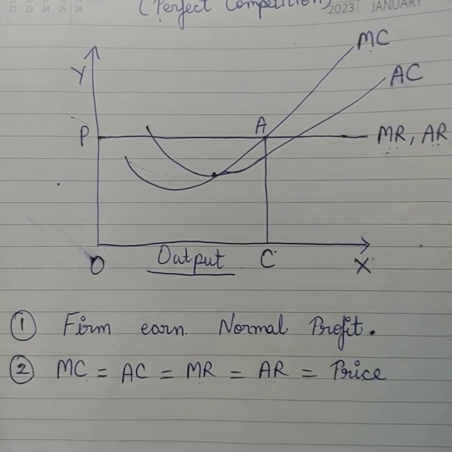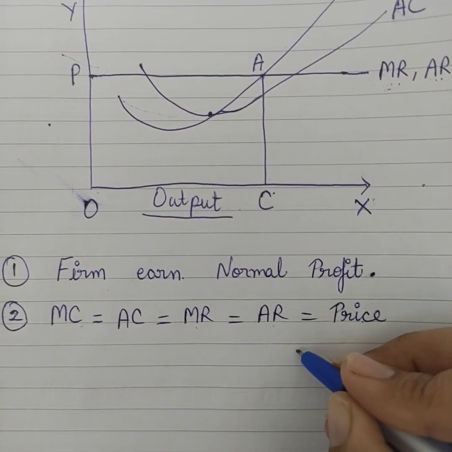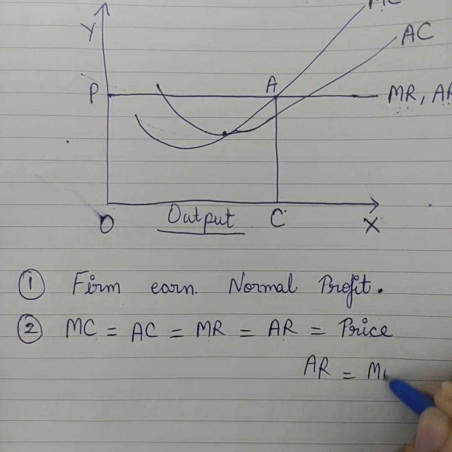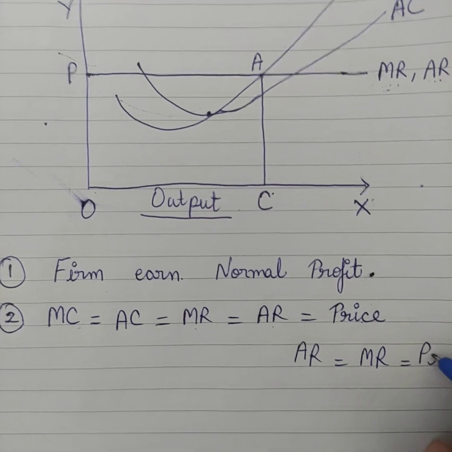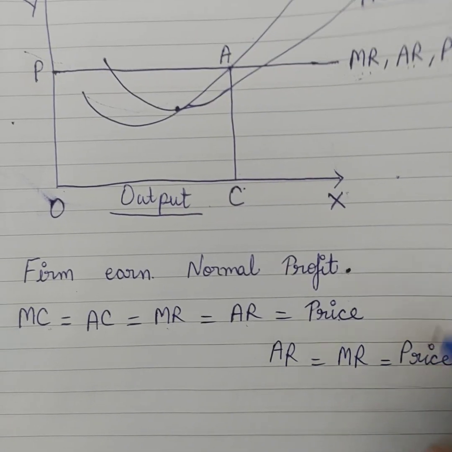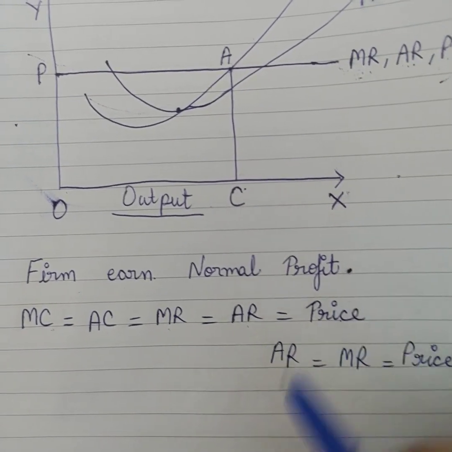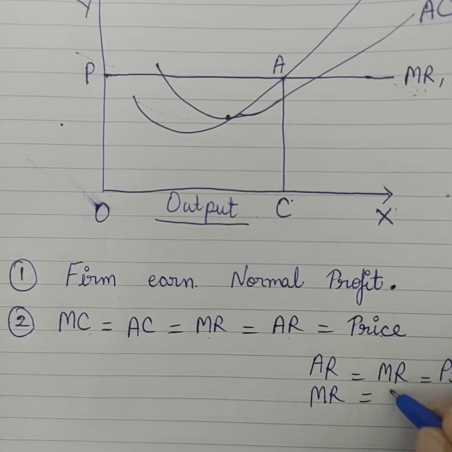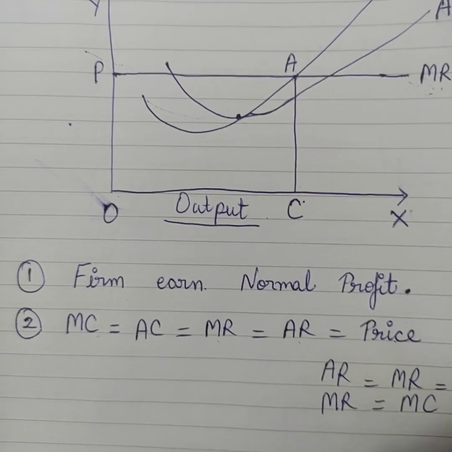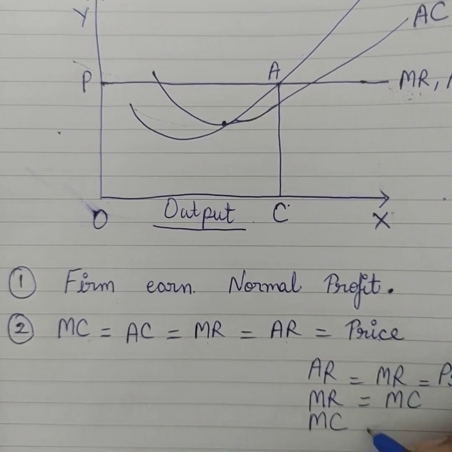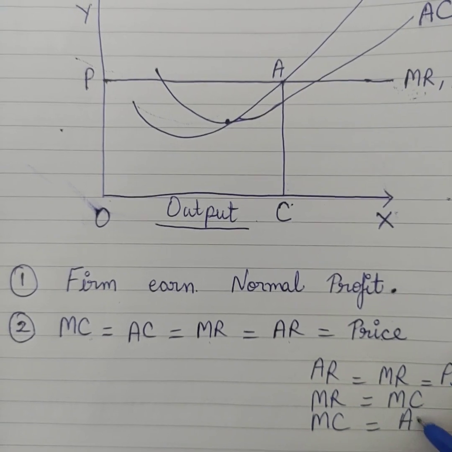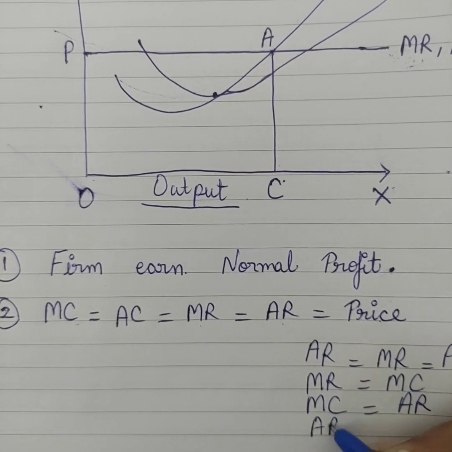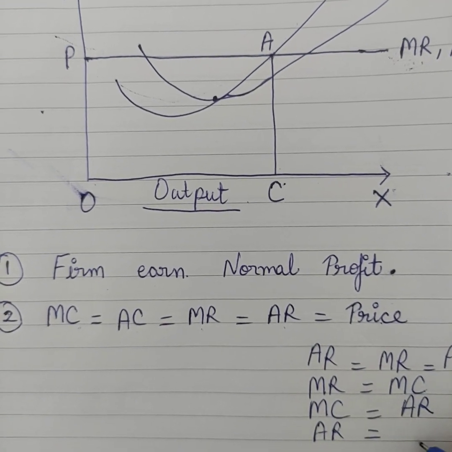Now we can say that average revenue is equal to marginal revenue is equal to price, correct? Then marginal revenue is equal to marginal cost. Marginal cost is equal to average revenue, and average revenue is equal to average cost.